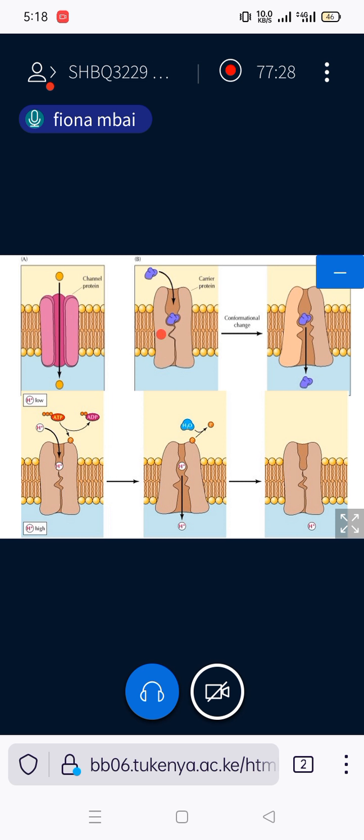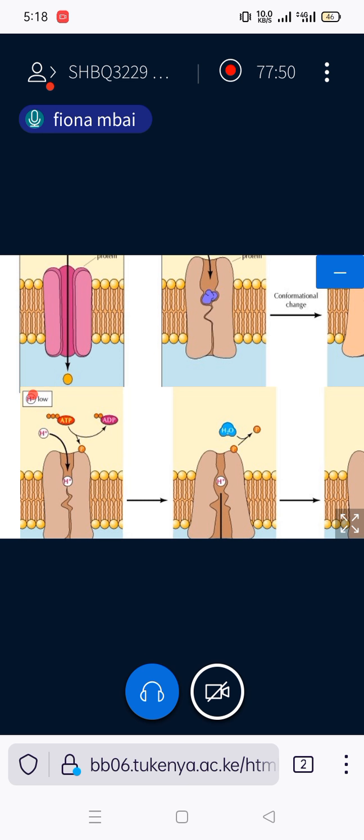Then, suppose you have low concentration of protons outside.